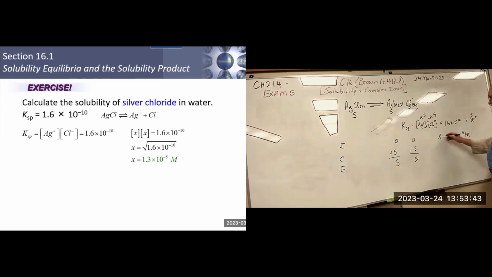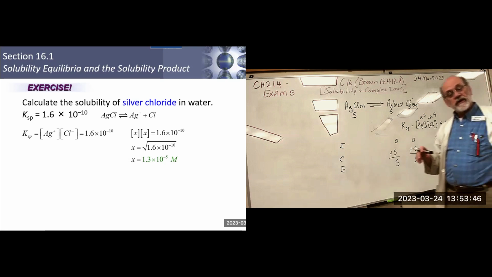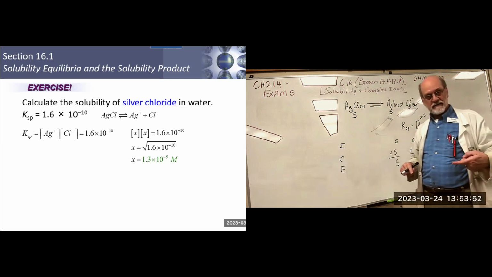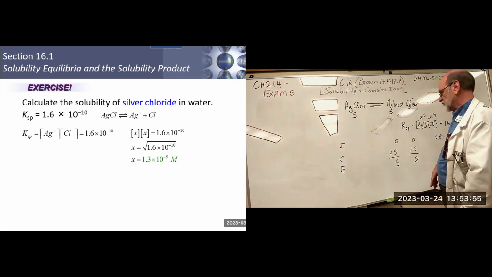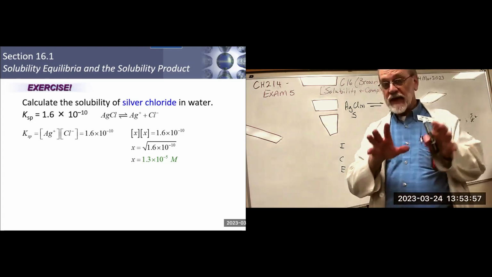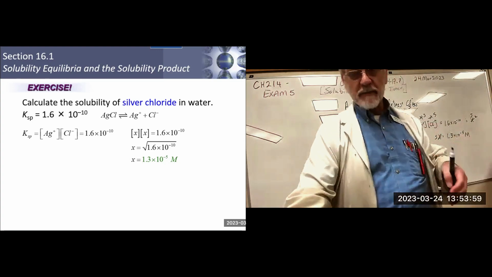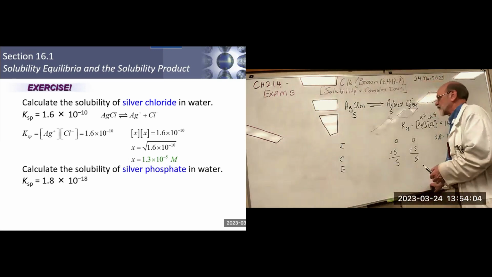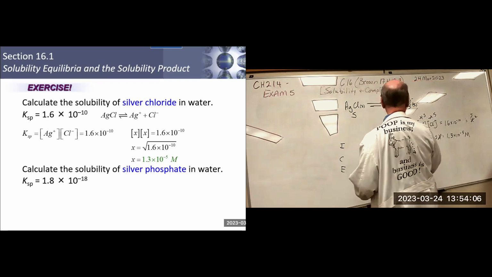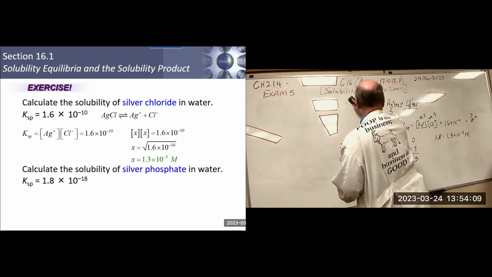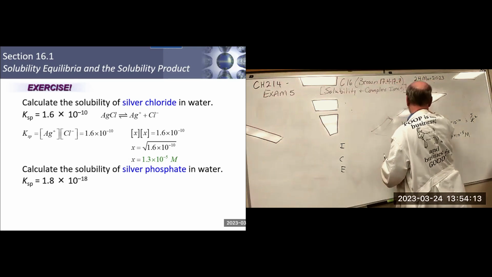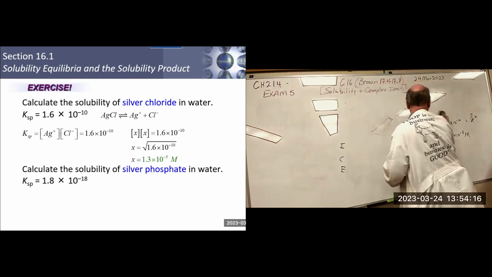That way, we know that when we get to the bottom of our calculations and S equals that, we know that is the solubility. So that's where that expression, that X times X came from, is from the ICE table. So let's try a different one. I'm going to set it up a little different so I don't have to jump over these boxes.